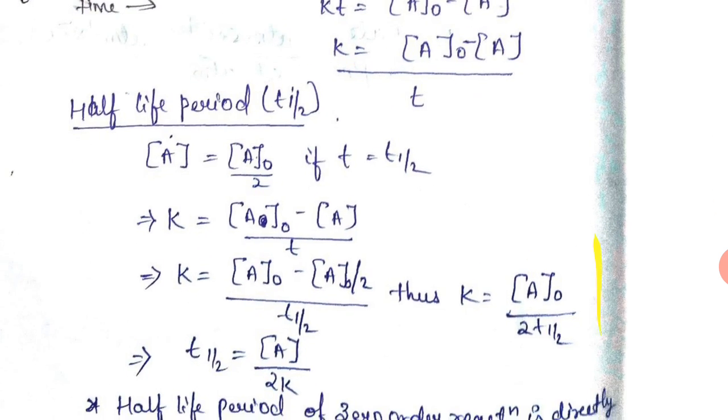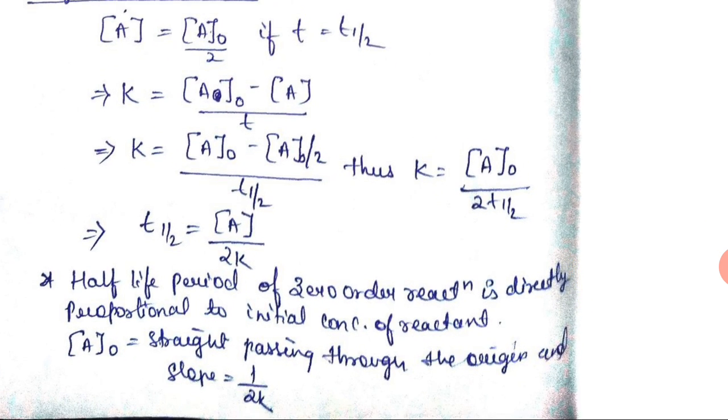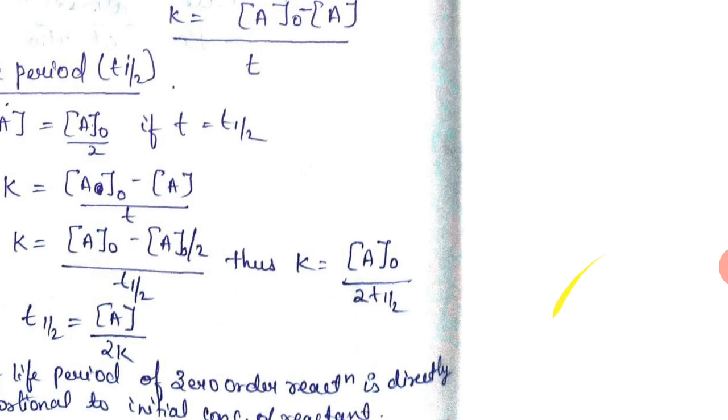By applying the formula, we get the half-life period t1/2 is equal to [A]0 by 2k. The half-life period of a zero order reaction is directly proportional to the initial concentration of reactant. Here we can see the graph passes straight through the origin, and the slope will be 1 by 2k.